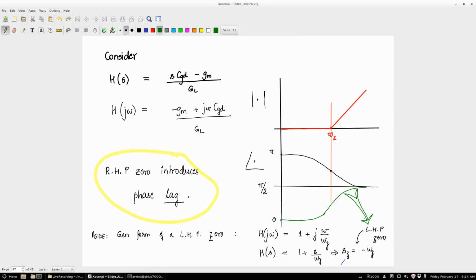So that will be the situation for this left half plane zero.